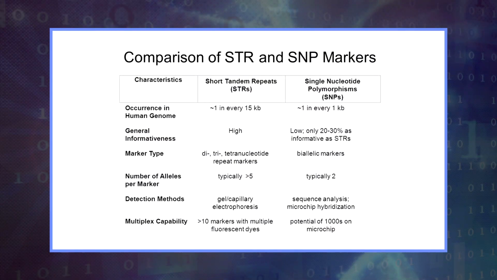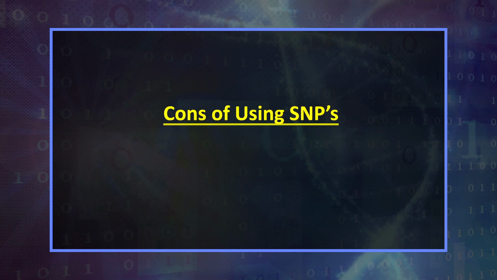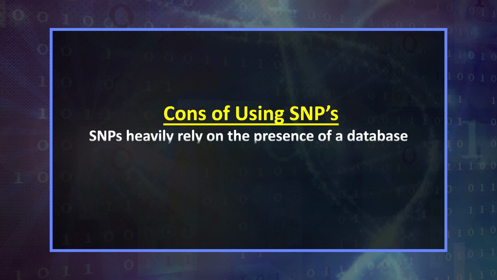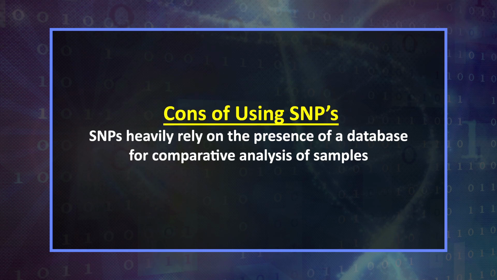Some cons to using SNPs versus STRs are that SNPs yield less information than STRs, and therefore more SNPs are needed for analysis before a profile of a suspect is able to be created. Additionally, SNPs heavily rely on the presence of a database for comparative analysis of samples.